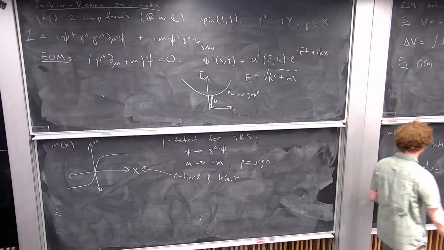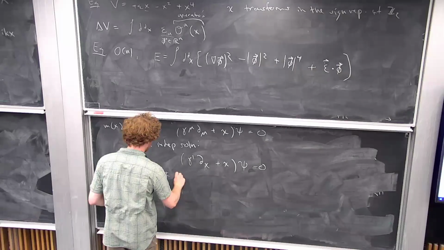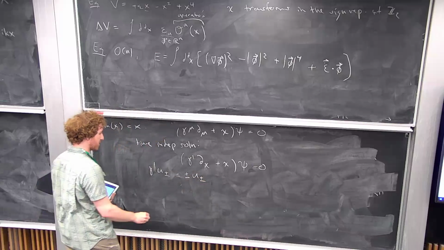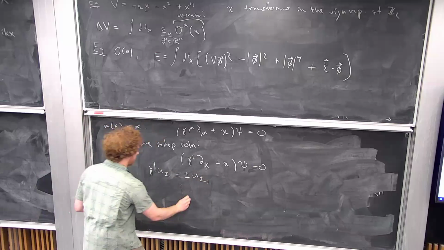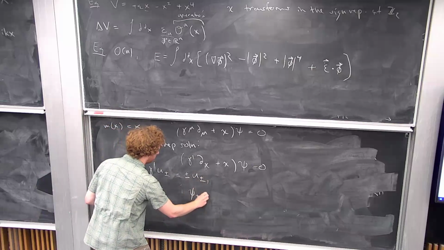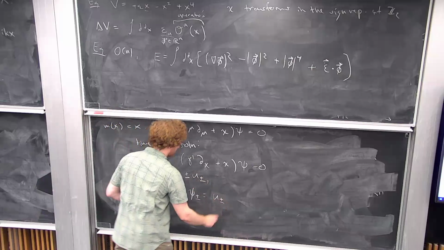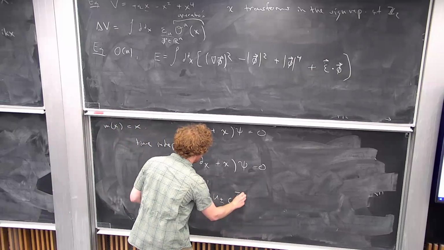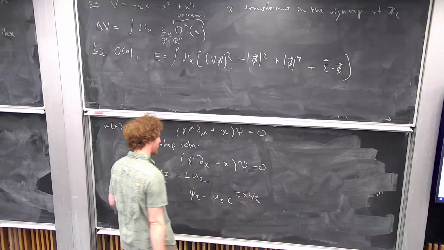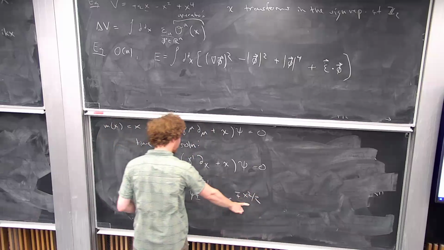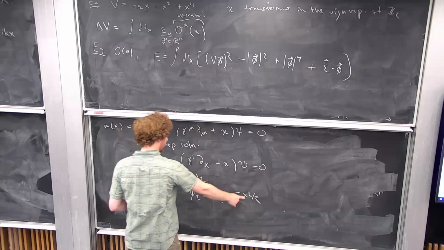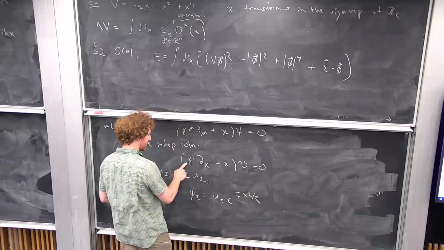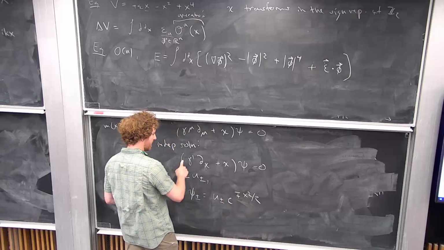So let me write the eigenvectors as u plus minus. And we notice that this has solutions psi plus minus equals u plus minus times the profile. See that when you take the derivative of this profile function, it spits out an x. So if you have the sign right, which is going to depend on this eigenvalue of gamma 1, then you can get this to cancel.